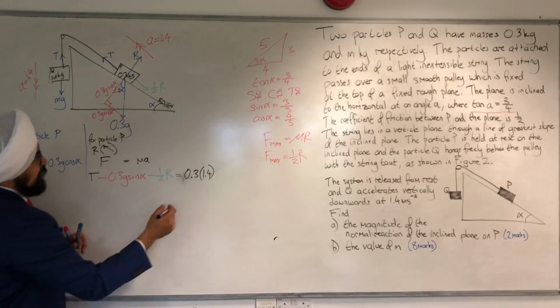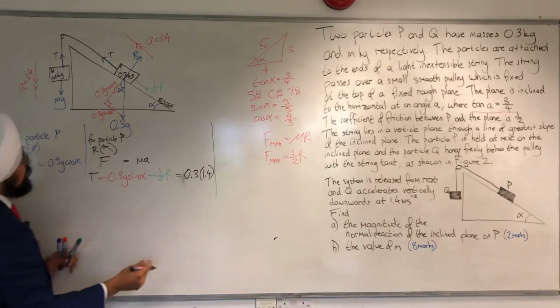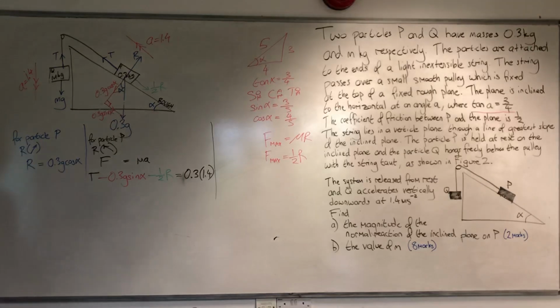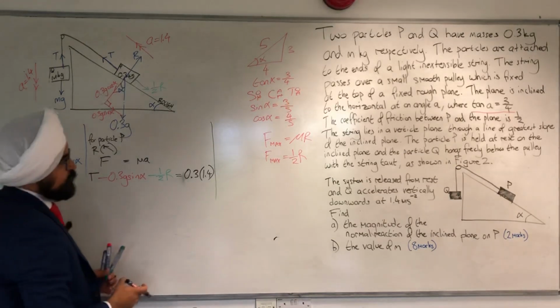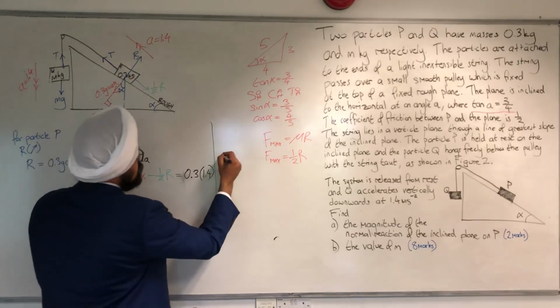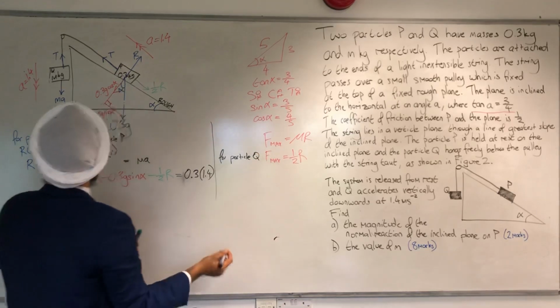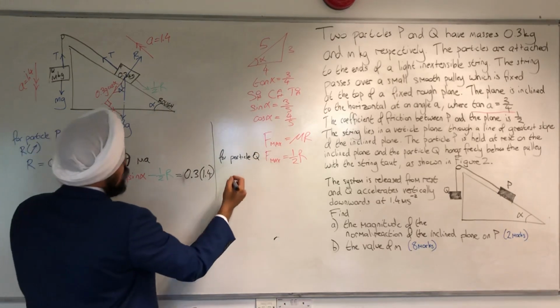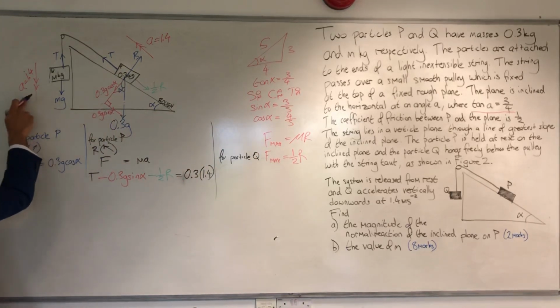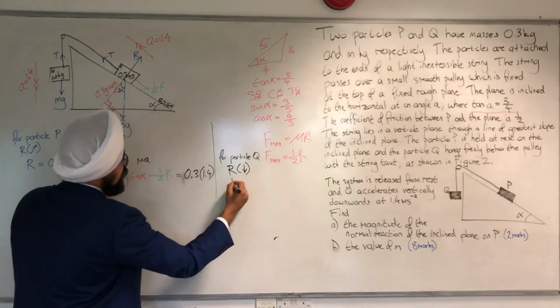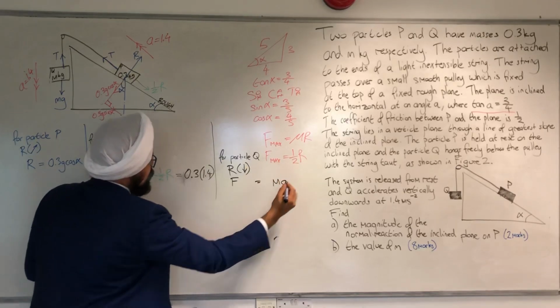So I've set that equation up for us to work with at a later point. Now my final part is to think about, okay, I've got equation 1 and equation 2 from particle P. Think about particle Q as well. So for particle Q, I'm going to also resolve in the direction of acceleration, which is down, F equals ma.